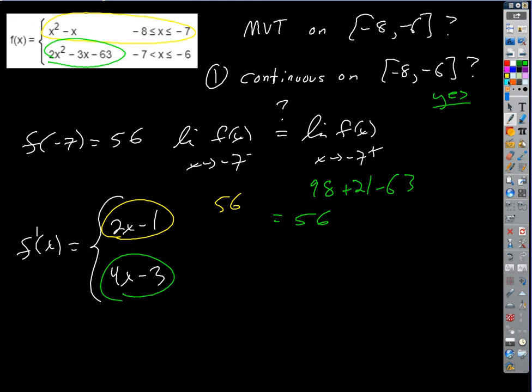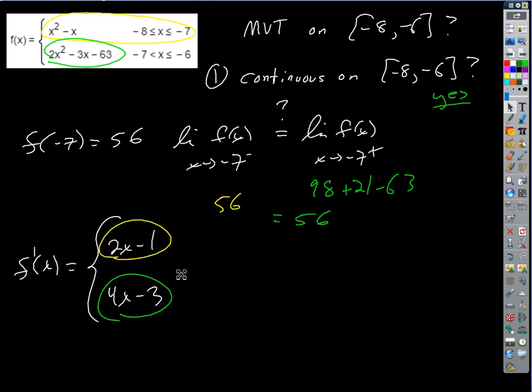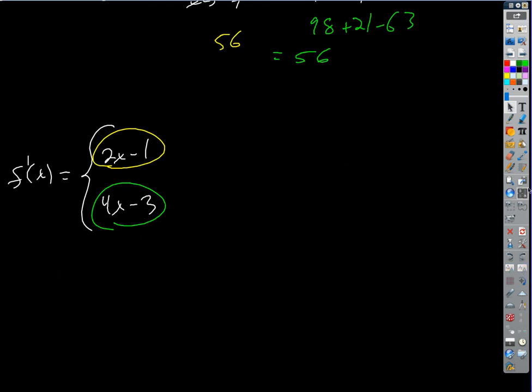At this point, can I say that this is when x is greater than or equal to negative 8 and less than or equal to negative 7? Can't say equal, can I?